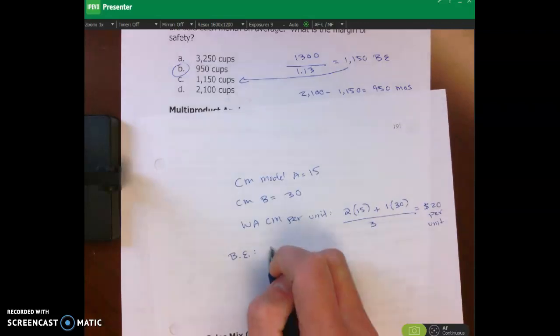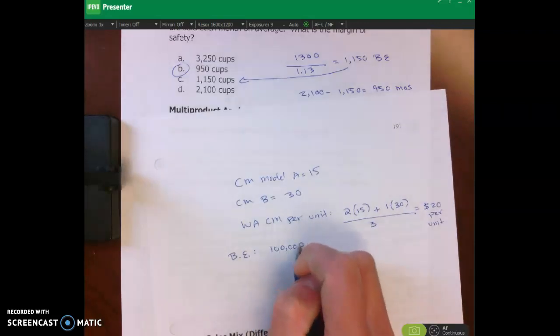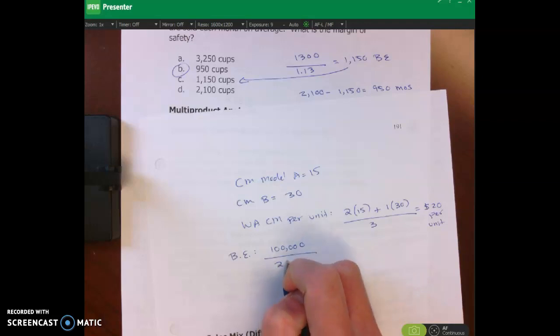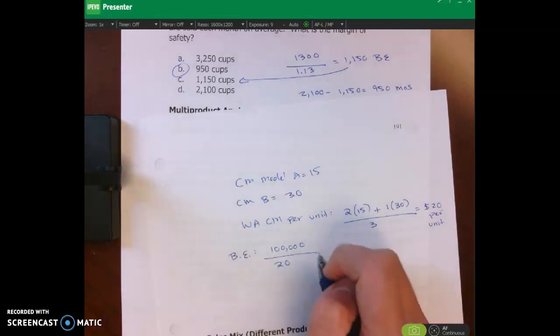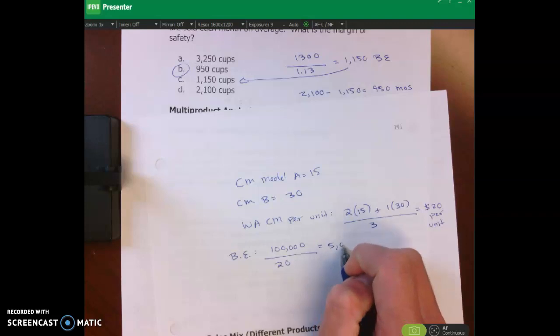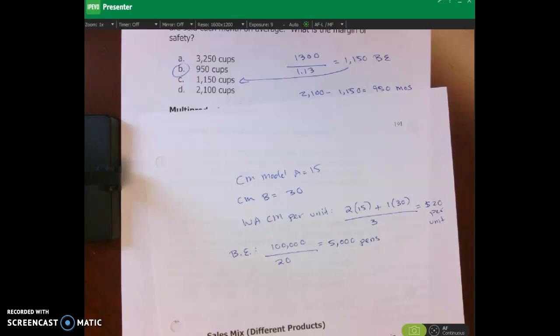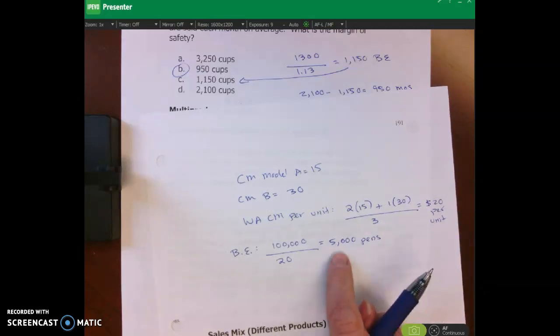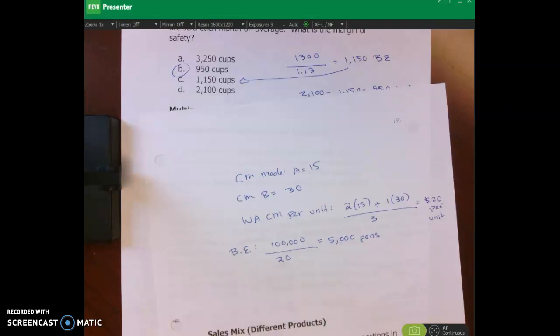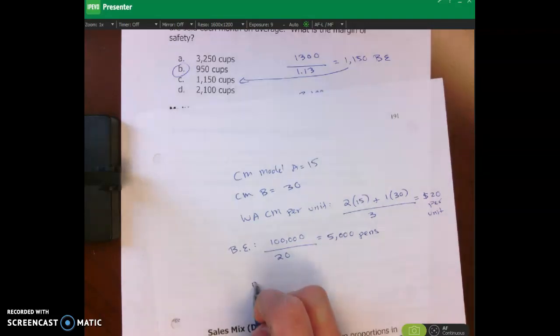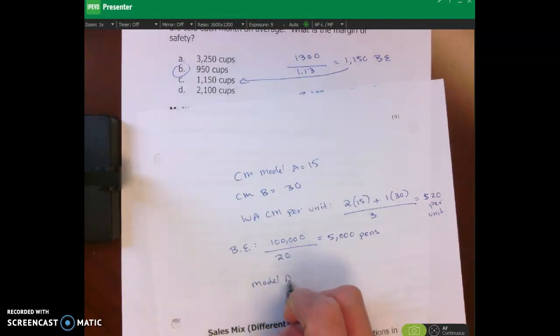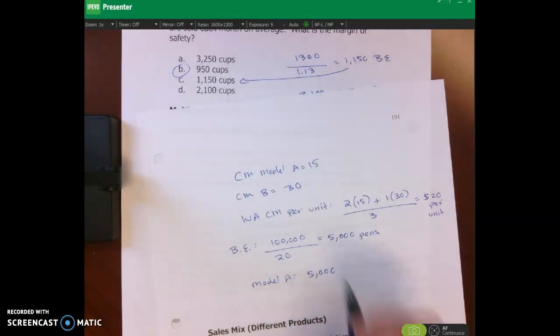Okay? Then I can calculate break even just like I did before. BE, break even, is my fixed costs, $100,000, which is given to us, divided by my weighted average contribution margin per unit, $20, which gives 5,000 pens. Okay? To sell 5,000 pens. Now the question becomes how many of these 5,000 pens are Model A and how many are Model B? To solve that, I multiply by the sales mix.